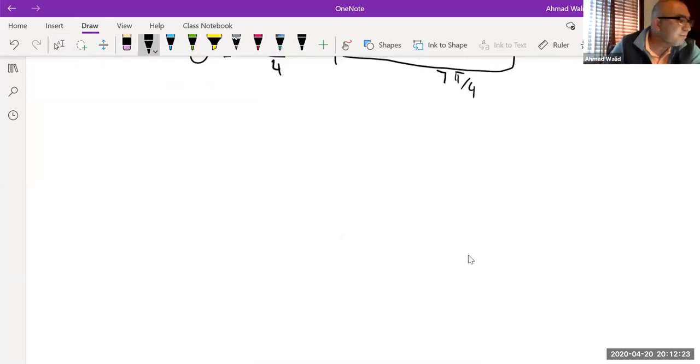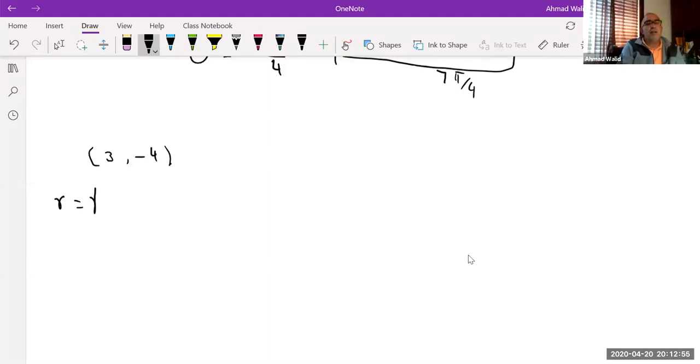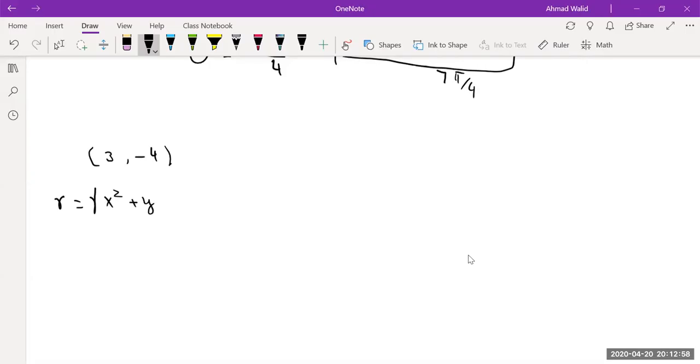Try for a minute. For example, another one: (3, -4). We change it to polar. Try and find r for me. r equals the square root of x squared plus y squared.